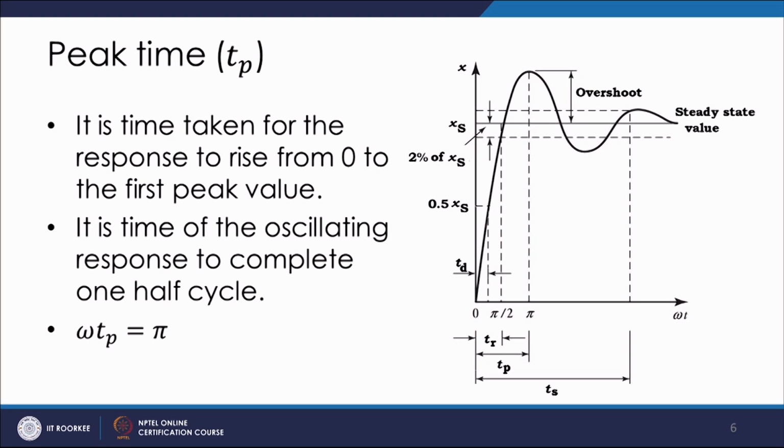As I said, it is the time taken for the response to rise from 0 to the first peak value, and it is the time for the oscillating response to complete one half of the cycle. So, we write here omega T p is equal to pi, and from here we can find the T p value, that is pi by omega.